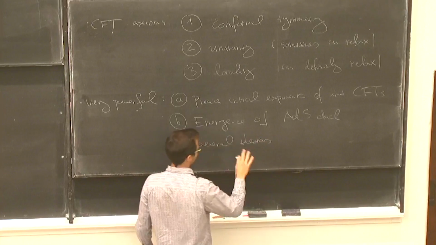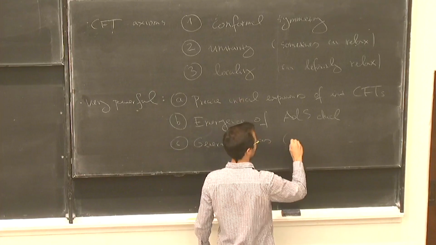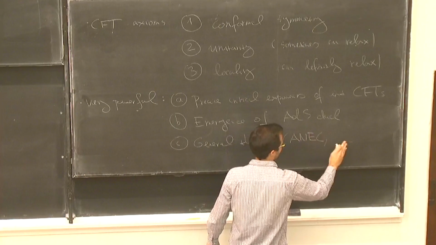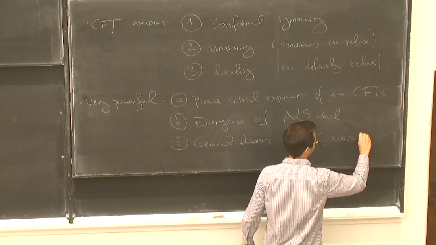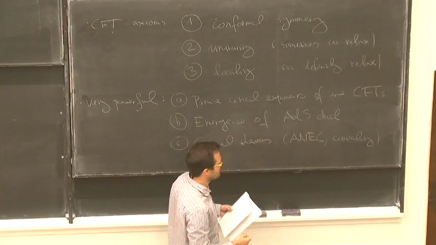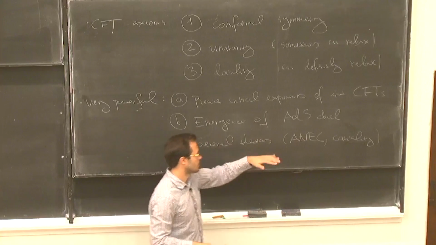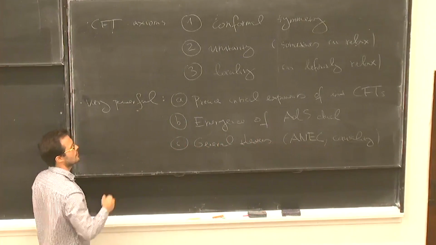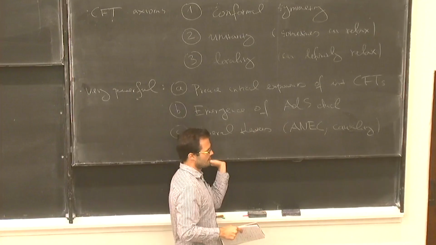So people have derived some general properties that all CFTs obeying these axioms should satisfy. Examples are the average null energy condition and causality. Although causality has been understood, I think, independently in more general quantum field theories, I think the bootstrap proof is worth understanding. It still taught us a lot about how causality emerges and is essentially a consequence of these three things. So that's what has been done.